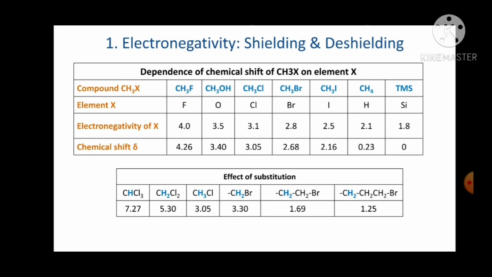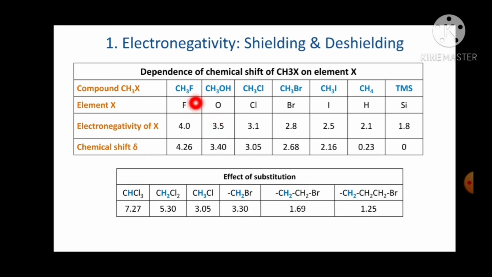Because fluorine is withdrawing the electron cloud from the three hydrogens through the carbon, the electron density surrounding these CH3 protons will be minimized, and the net magnetic field experienced by the nucleus of this CH3 proton will be in a deshielded zone. That's why the chemical shift of these CH3 protons attached to fluorine appears at 4.26.